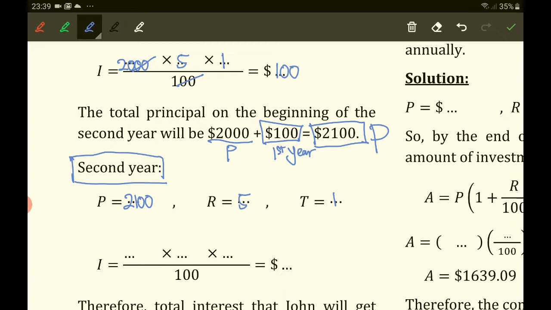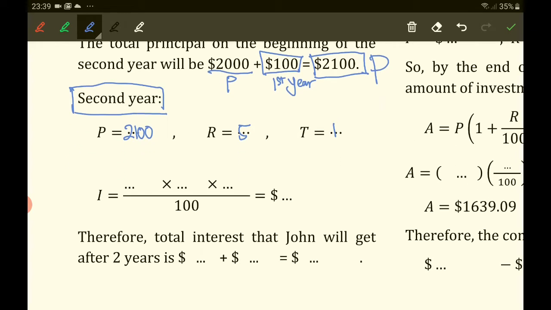Now we substitute into the equation: I equals 2,100 times 5, the rate, times the time, 1 year. We can cancel the zeros here, so 5 times 21, we have 105.